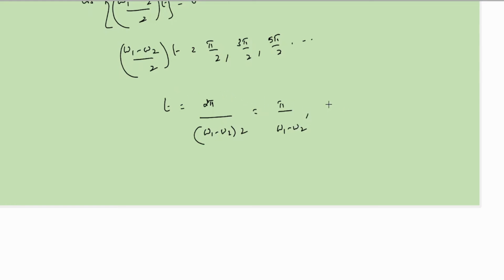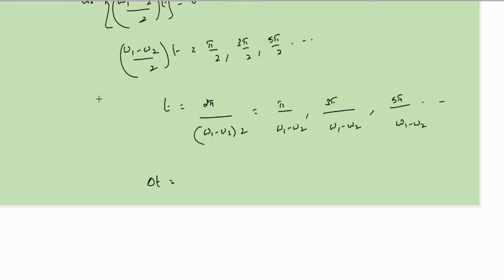Again here it will be 3 pi by omega 1 minus omega 2, because you can cancel 2 directly from here also. It will be 5 pi by omega 1 minus omega 2, etc.